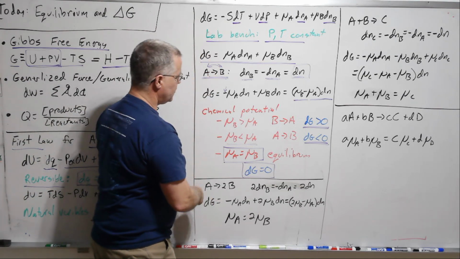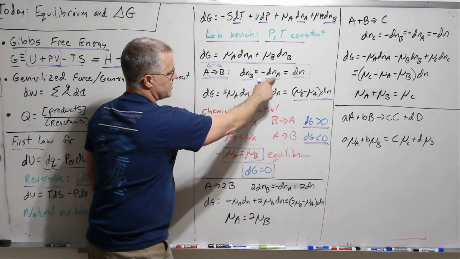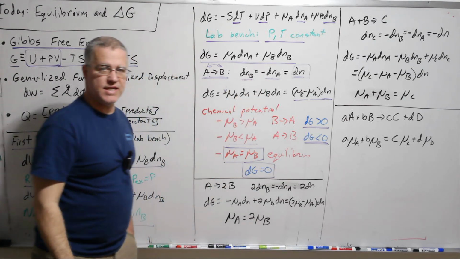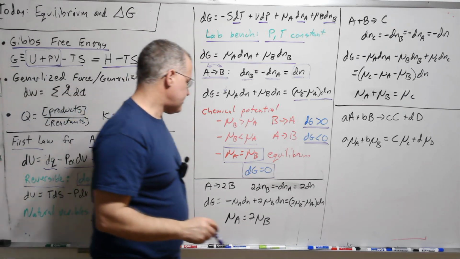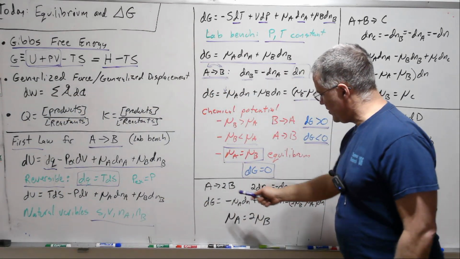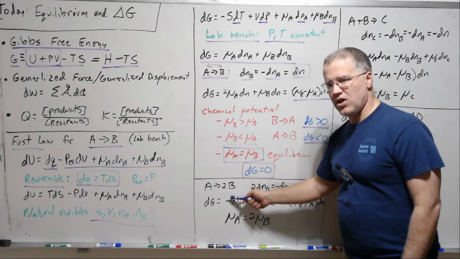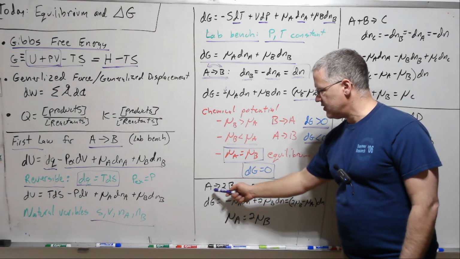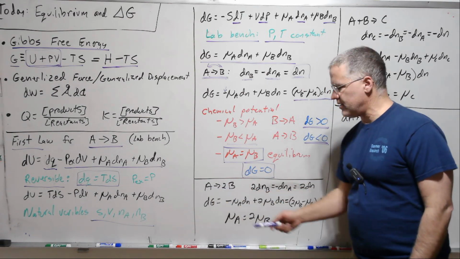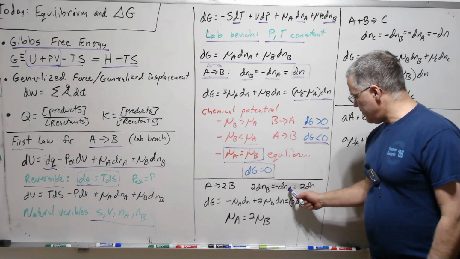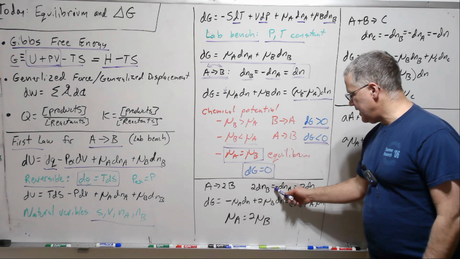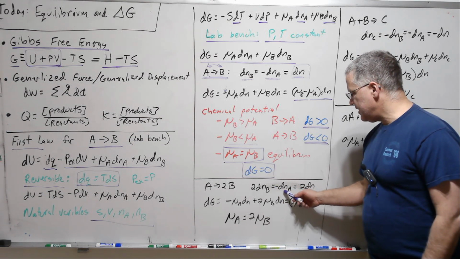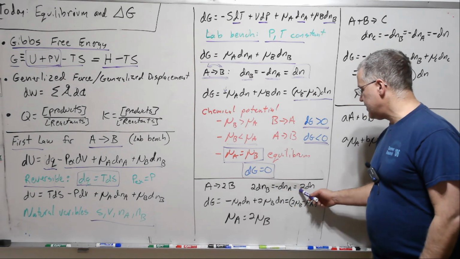We can work with delta G. What has to change is this stoichiometry relationship between the dNs. So if one molecule of A changes, 2 molecules of B are produced. So you just read that from the chemical reaction. So we're going to let dN be equal but opposite to dNA, and we'll call that 2dN.